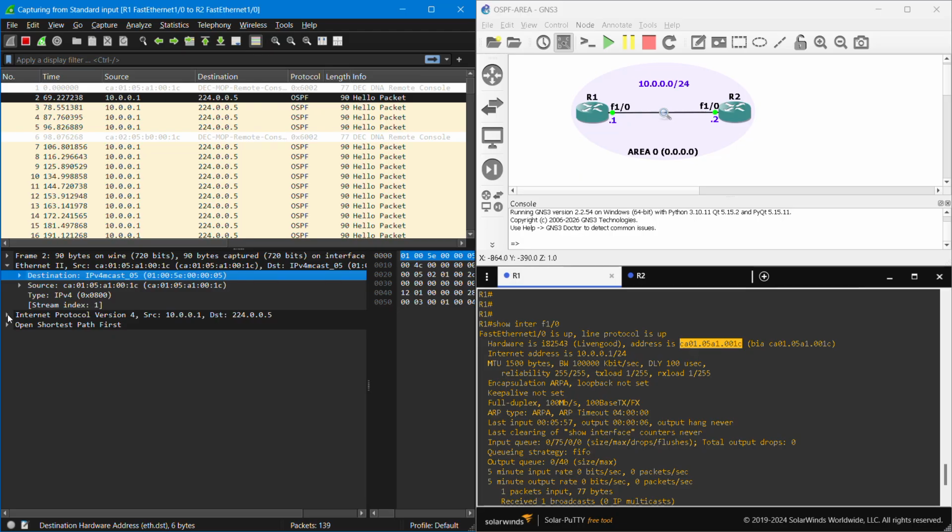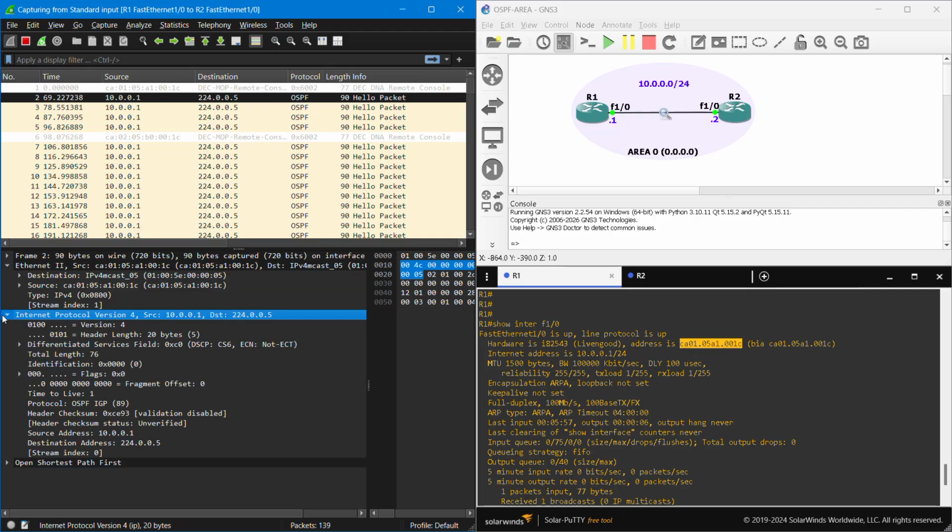Now if you look at the IP packet, the very first thing is the source address, which is the IP of this interface, as we have discussed already. The destination is a multicast address. The thing to note here is that in IP we encapsulate OSPF, and the protocol number is 89.